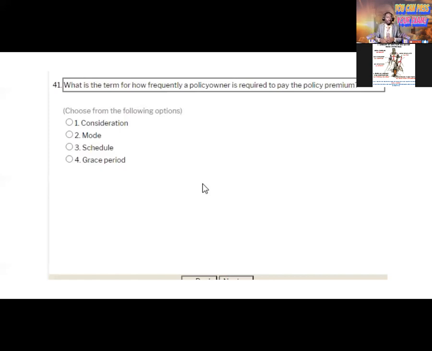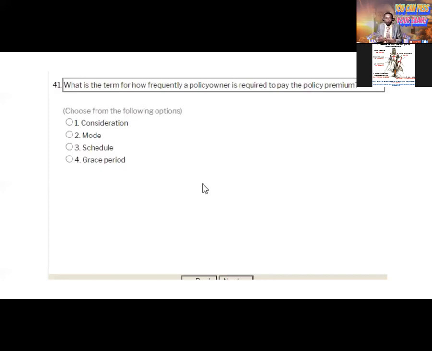How often? Is it the mode? Oh, that sounds like it. Mode means how often. Schedule? Nah, schedule doesn't mean how often. Schedule tells you when to pay, but it's not saying how often. Grace period? What does grace period have to do with anything? Grace period is the period of time that you have to pay your premium for free. They give it to you as a favor, they didn't have to do it.